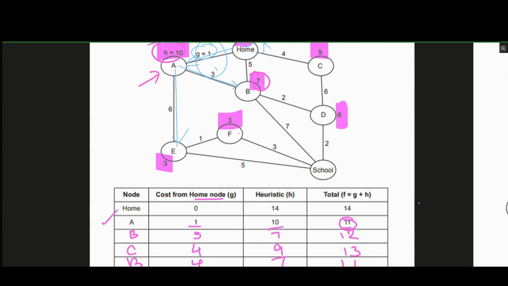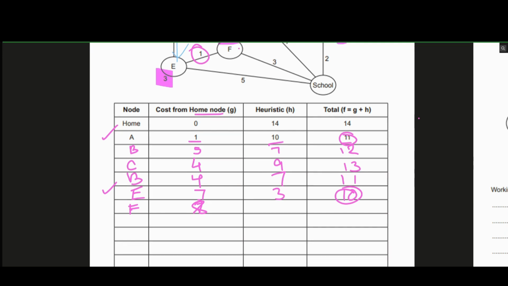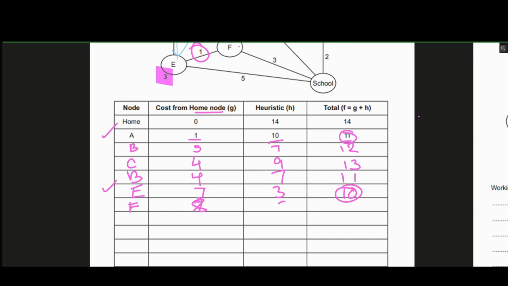So E to F. If I want to go to F, then 7 plus 1, which is 8, and heuristic is just 3. So 8 plus 3 is 11.